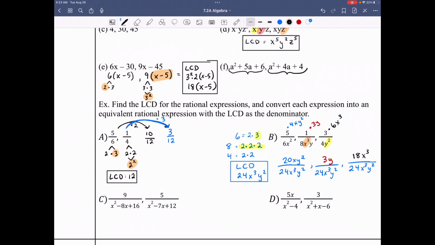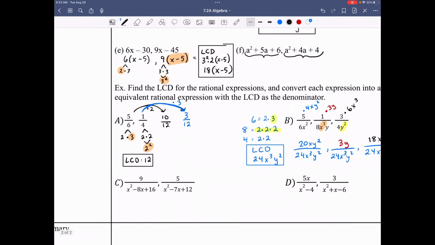And on C, we have to factor first, right? So factors of 16 that give us negative 8. I think that's negative 4. And this is actually a trinomial, so x minus 4 squared.